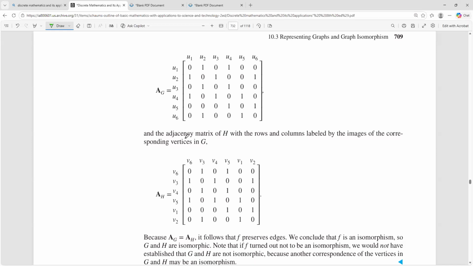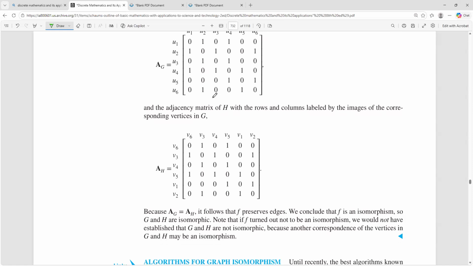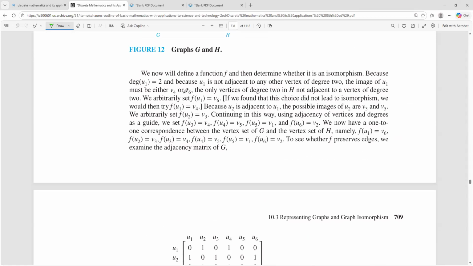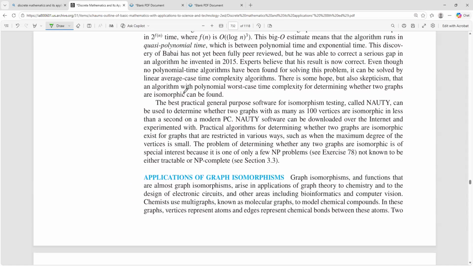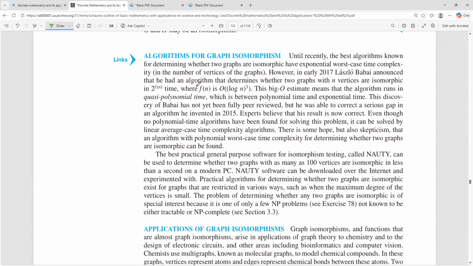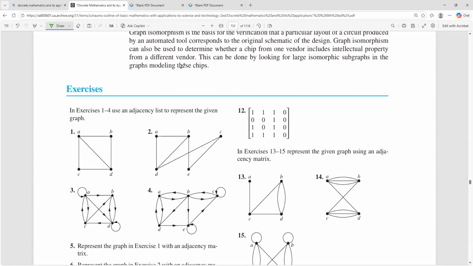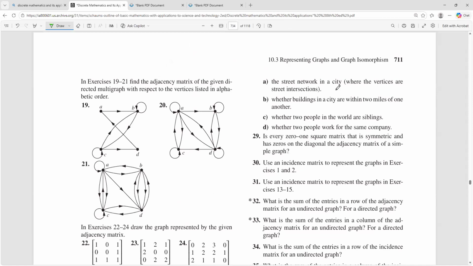Here's one where you have the adjacency matrices, but this only works if you can map them correctly. There are algorithms for it, though they're not the best.